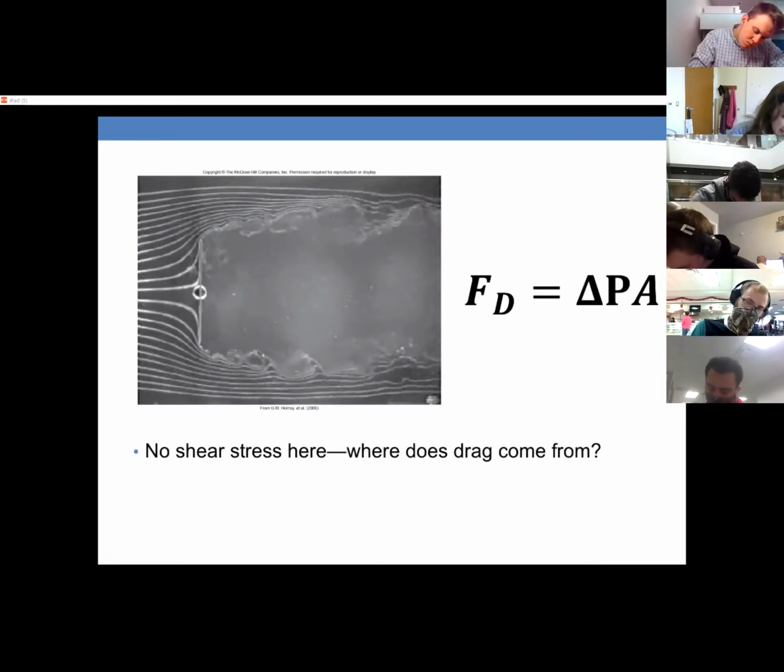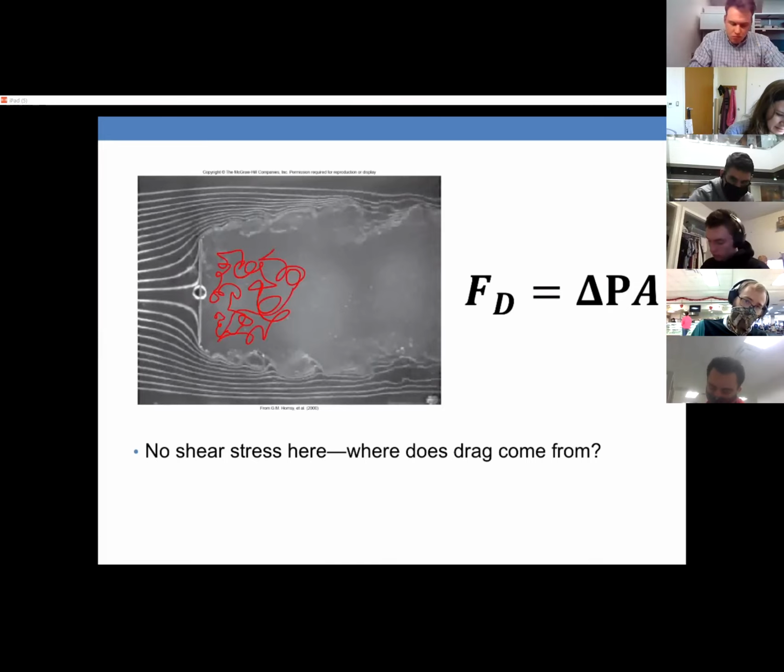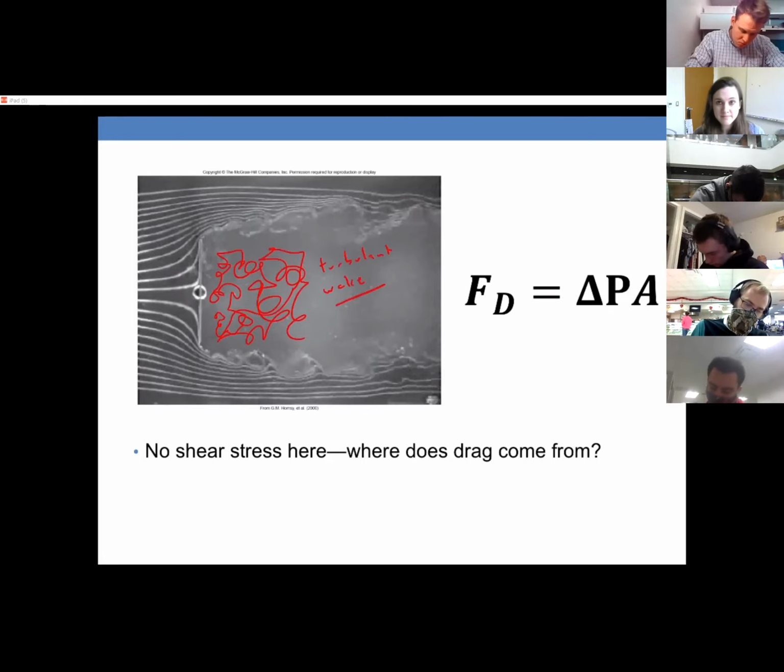This whole part here, the reason that it looks all cloudy is because this is a turbulent area. We call this the turbulent wake. So the flow comes here, it hits there and stagnates, just like we've talked about.